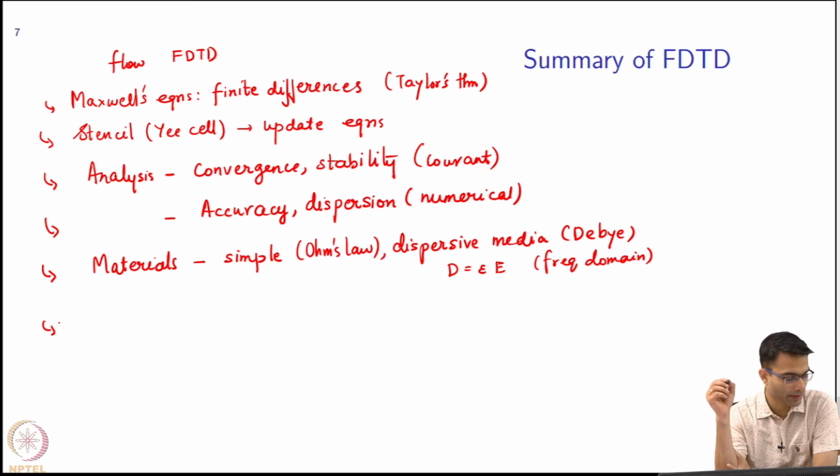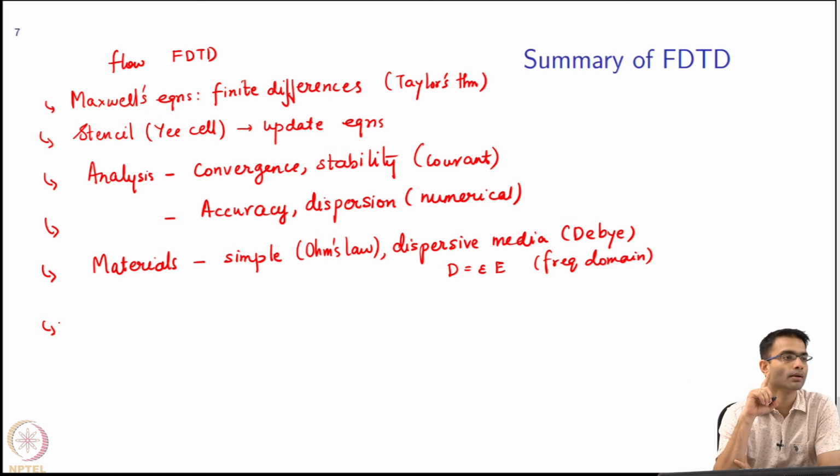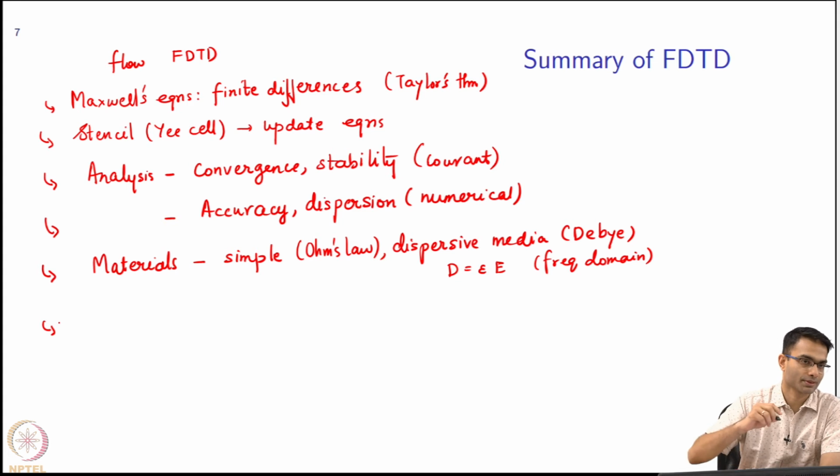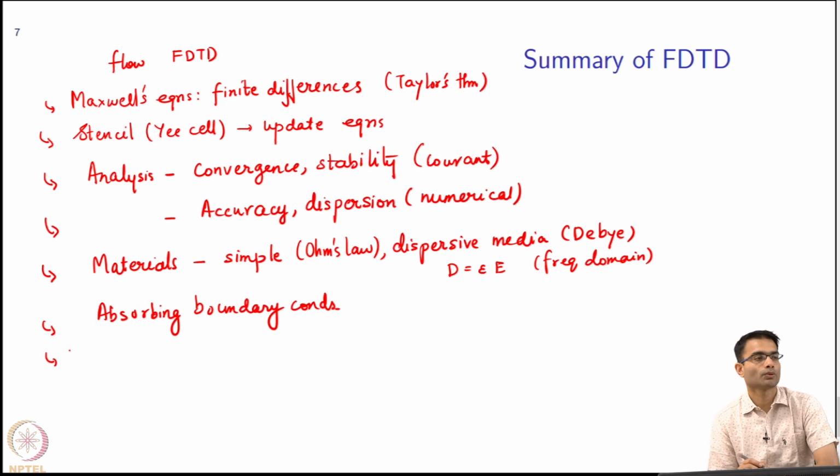Then after that, materials are done, then we looked at absorbing boundary conditions, simple first order absorbing boundary conditions, right. Then we looked at the inaccuracy of absorbing boundary conditions.